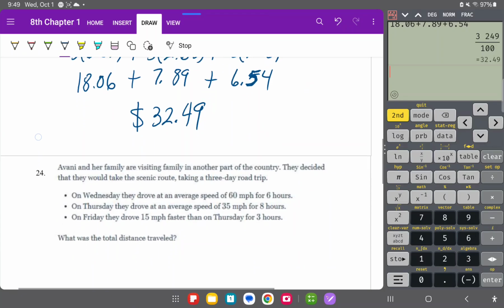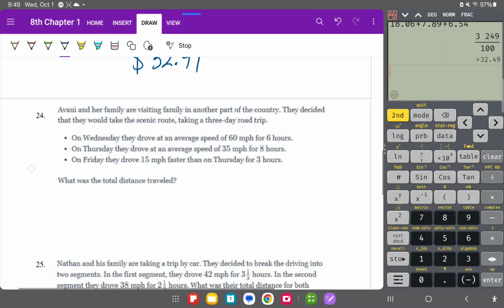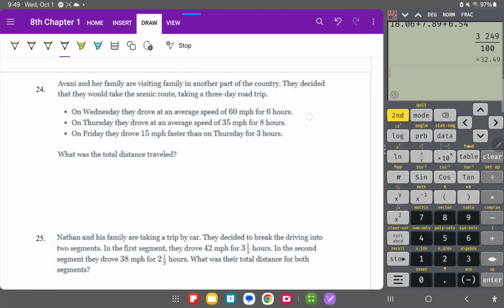All right. Now we're going to use a distance formula. So for this one, you need the D equals RT to do this one. Avani and her family are visiting family in another part of the country. They decided that they would take the scenic route, taking a 3-day road trip. On Wednesday, they drove an average speed of 60 miles per hour for 6 hours.